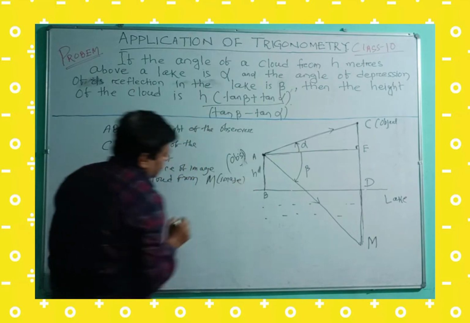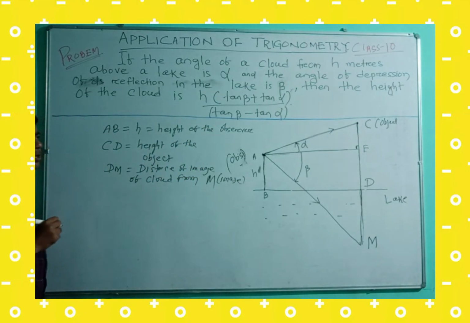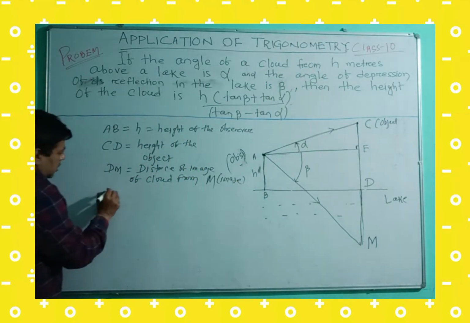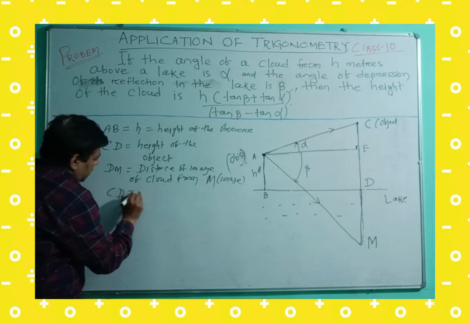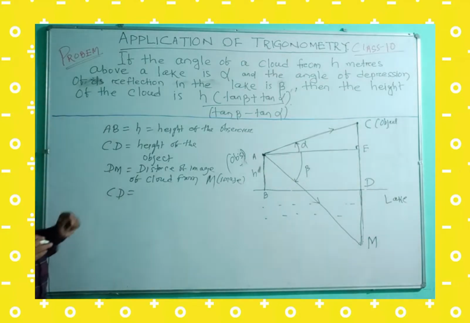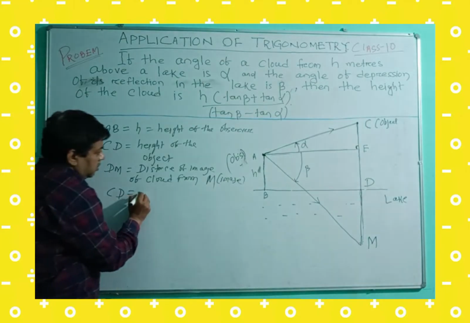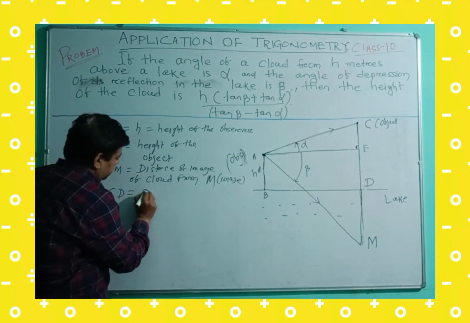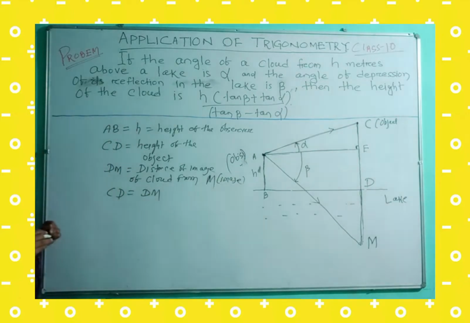As per the laws of reflection, the nature of the image by the plane mirror, the distance of the object from the plane mirror, or from the lake, is equal to the distance of the image, which is what? DM. Understand?